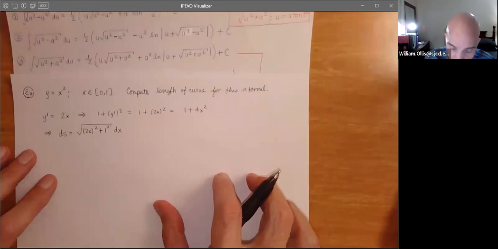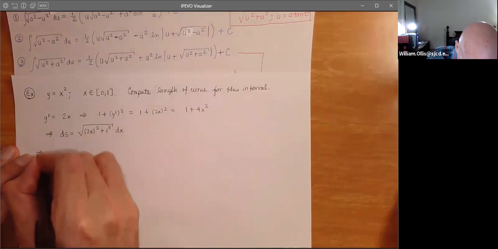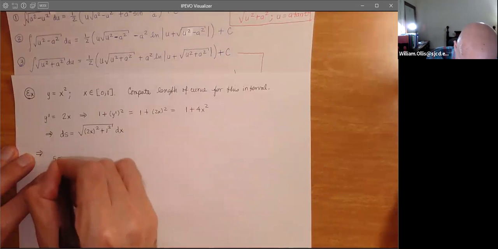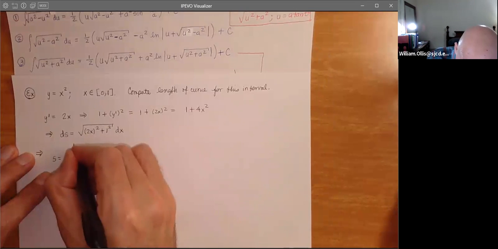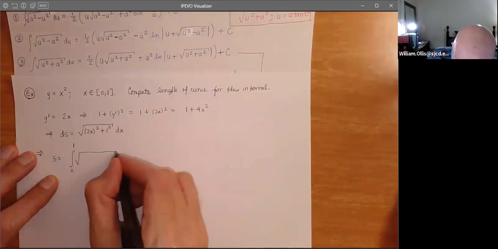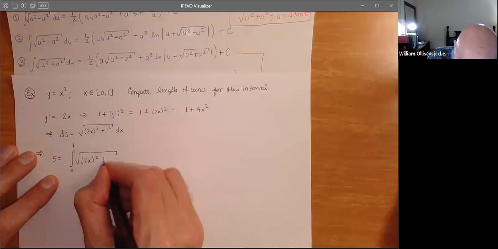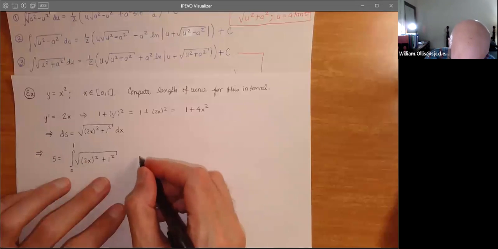Now, let's go ahead and write down the formula. So this implies from our techniques in chapter 7 that the arc length will now be the integral 0 to 1 of the square root of (2x) squared plus 1. So this is easy. This is not like the difficult trig subs with all those inverse trig functions that we had to deal with.